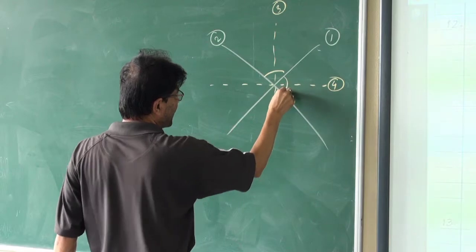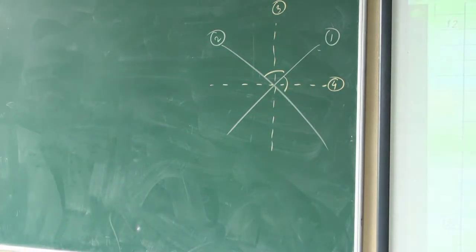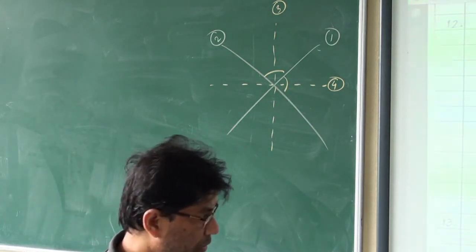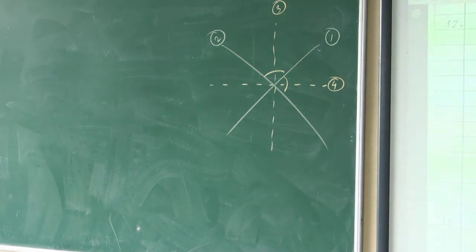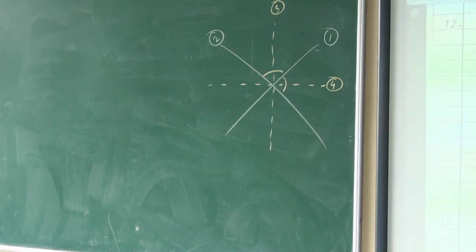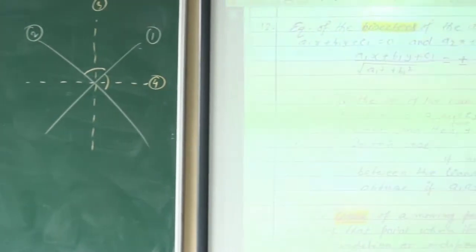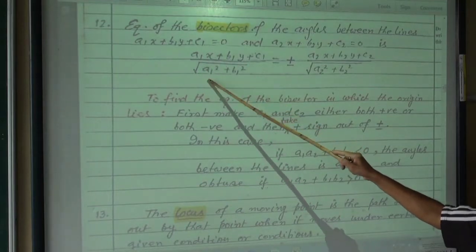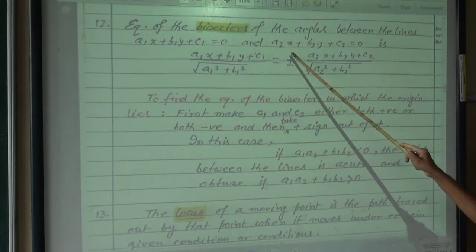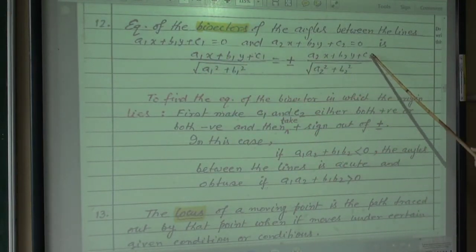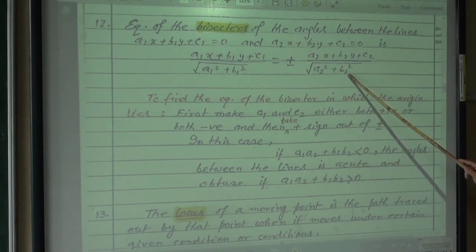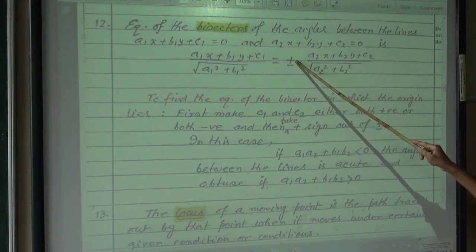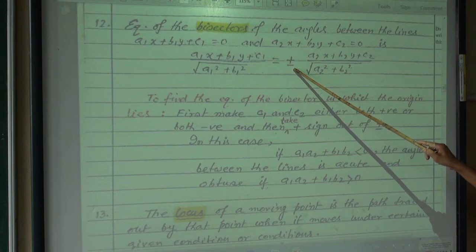These angles and these angles have bisectors 3 and 4. How to find the equation of the bisectors? How many equations? 2 are there. So how to find those two equations? The formula is first expression over under root a1 square plus b1 square is equal to plus minus second expression over under root a2 square plus b2 square. By taking the plus sign you will get one bisector, by taking minus you will get the other bisector.